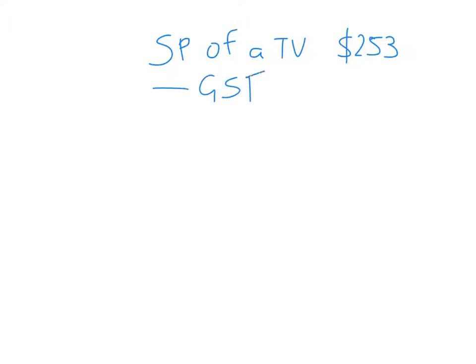So let's say the selling price of a TV was $253. Okay, so that's what it would be marked like when you go to JB. It'd say this costs $253. So what we're going to do is find how much of that $253 is GST that will go to the government, and what will be the price before GST.